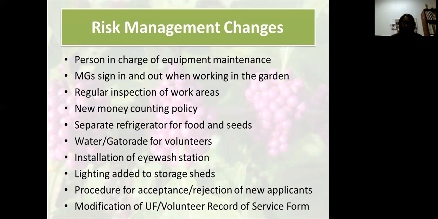Now, what we've asked the master gardener directors to do, every few months, if you are the chair of propagation, then every few months you may have someone, the chair of the demonstration gardens, or someone who doesn't regularly work in propagation, come and walk through and see what is there that might possibly be a risk, because you're working in the area all the time.